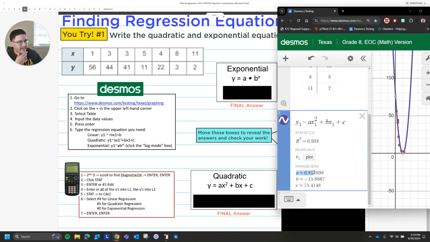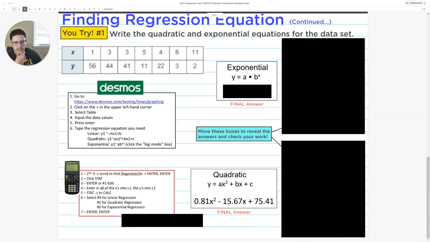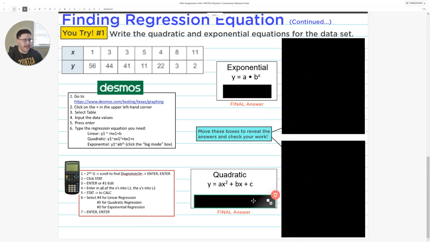A will be 0.81, B will be negative 0.67, and then C will be 75.41, which you can see right there. Don't forget your negatives. Those negatives do change the sign in the formula to whatever that sign is, which is minus. So be careful when filling that out. But that's it. That's it for Desmos.